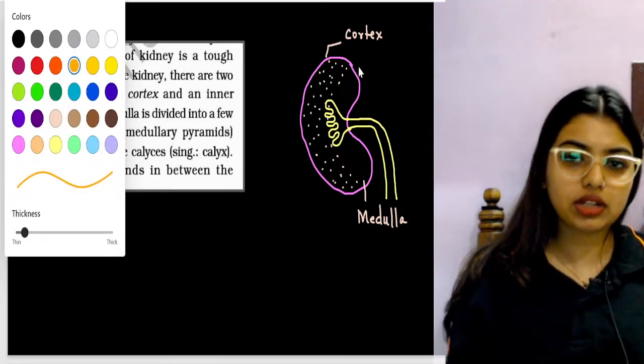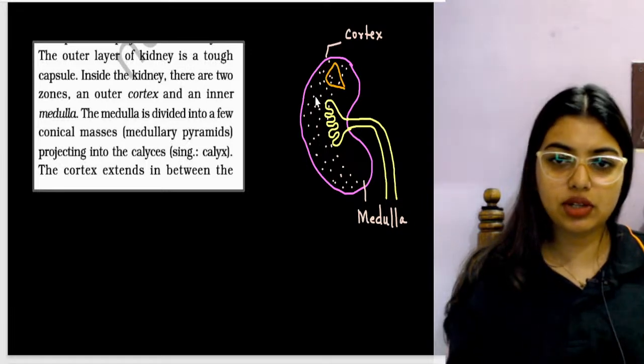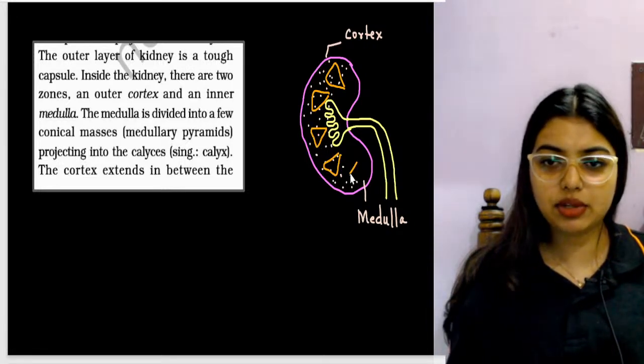Now in the cortex region, half of it, there is going to be the medullary pyramids. This portion which you see. On the medullary pyramids is where your nephrons are going to be there. So here, the structure which you are seeing here is your medullary pyramids.